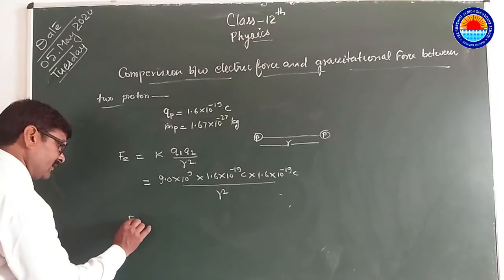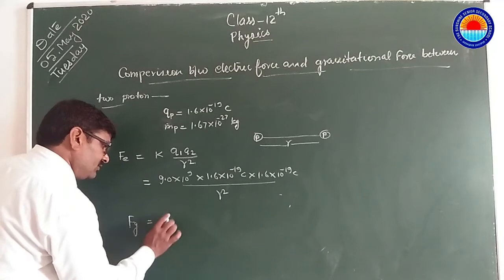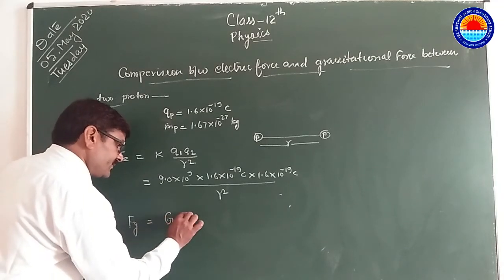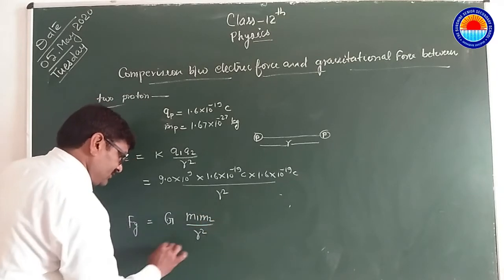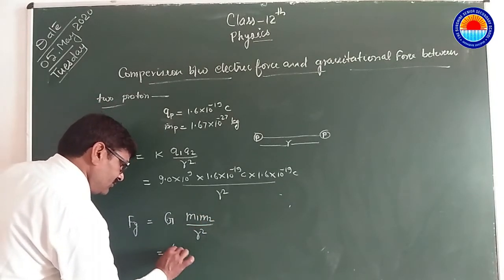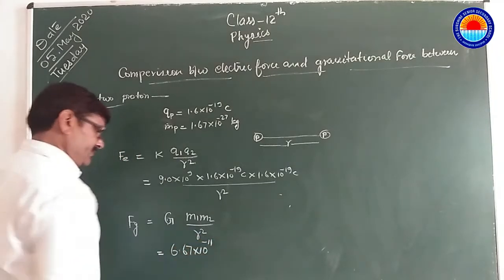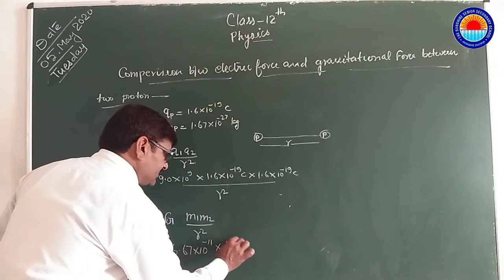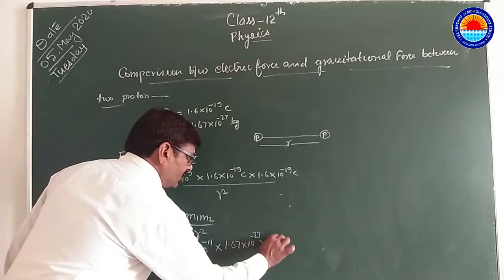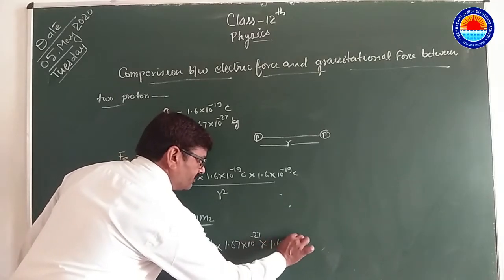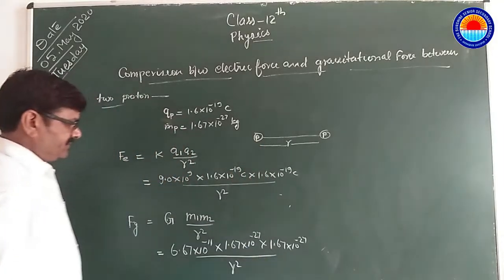And the gravitational force between them is equal to G m1 m2 upon R square, where G is equal to 6.67 into 10 to the power minus 11, m1 is 1.67 into 10 to the power minus 27, and m2 is 1.67 into 10 to the power minus 27, and distance R is the separation between them.